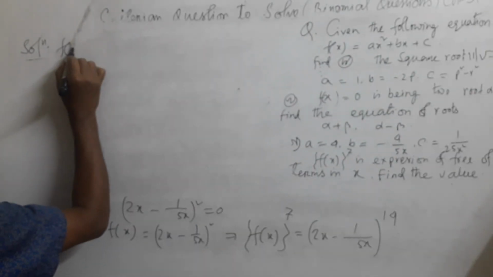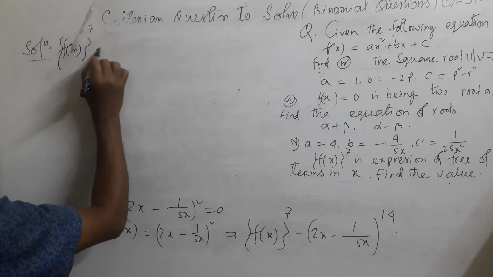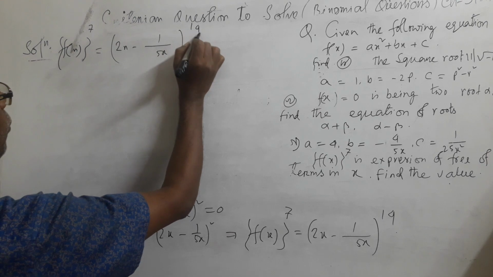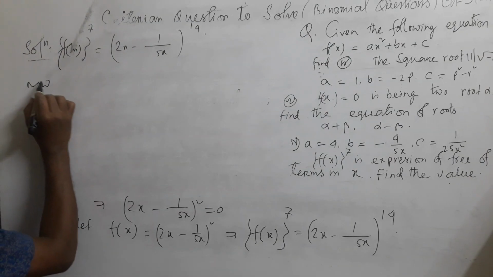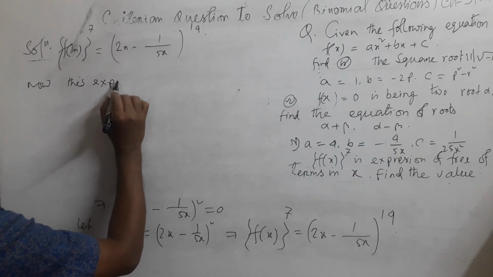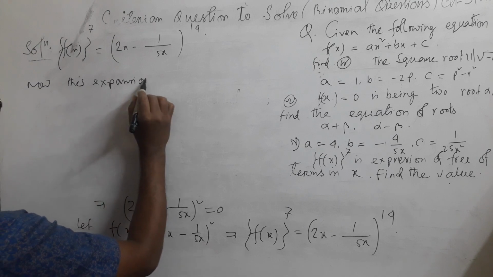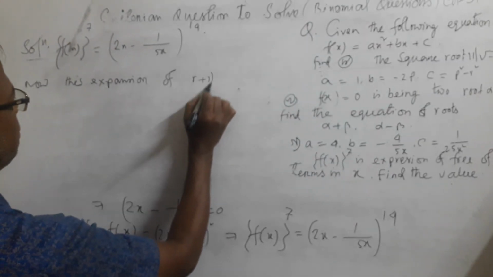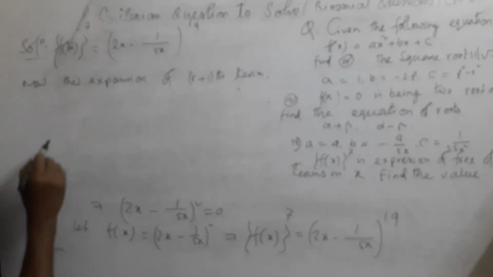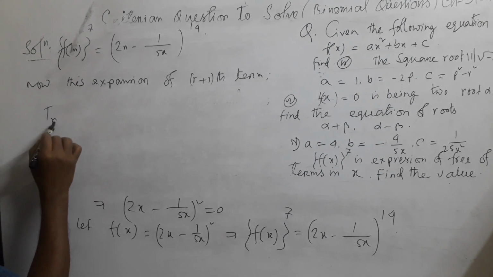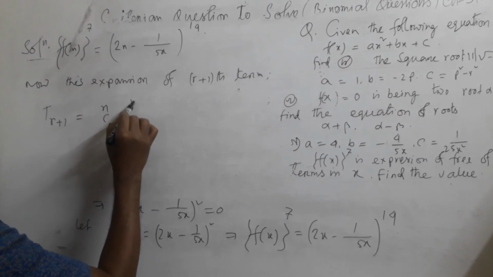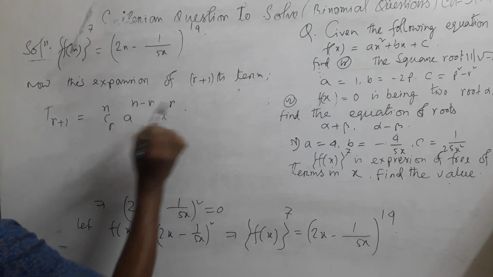That's why f of x to the power 7 equal to (2x minus 1 by 5x) to the power 14. Now this expansion of r plus 1 term is equal to t r plus 1 equal to nCr a to the power n minus r x to the power r.